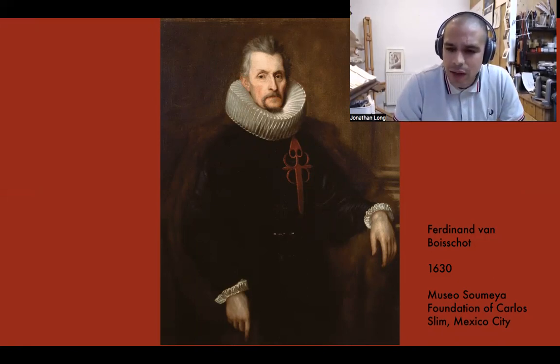And this painting was made in 1630, which is after Van Dyke's period in Italy. So he's become incredibly experienced. He's consolidated his style of the aristocratic portrait. And at this point, he is back in Flanders.